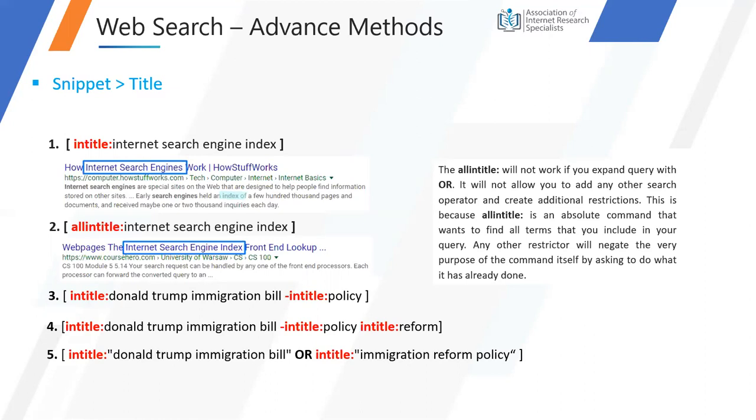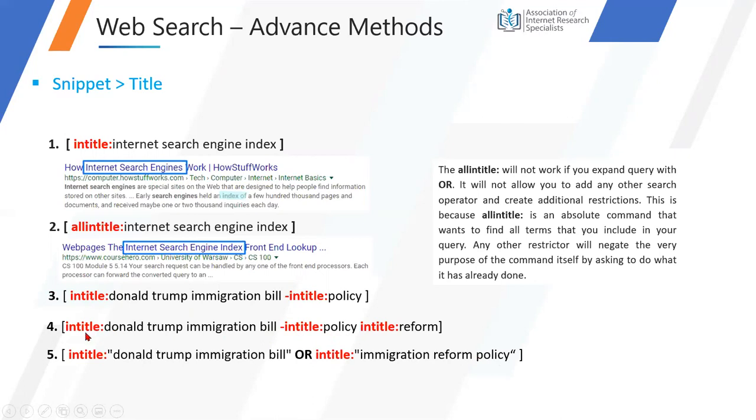You're being specific on the title, so you use a minus sign to ensure that the word policy doesn't show up. In a way, you are refining your search by eliminating something that should not be in the title part, as shown right here.